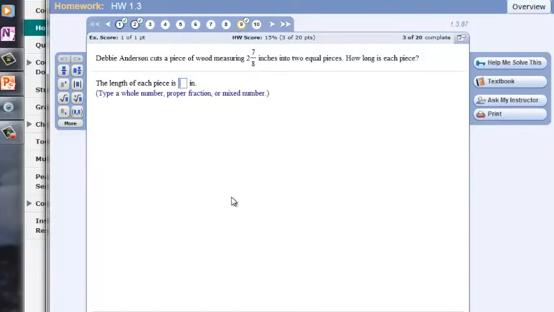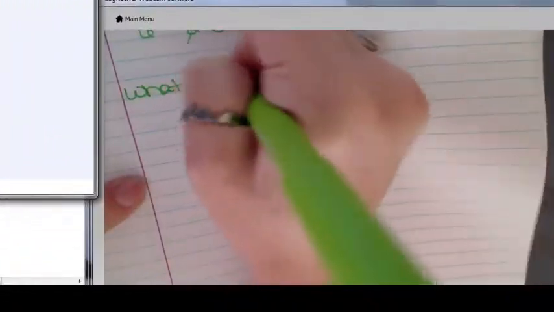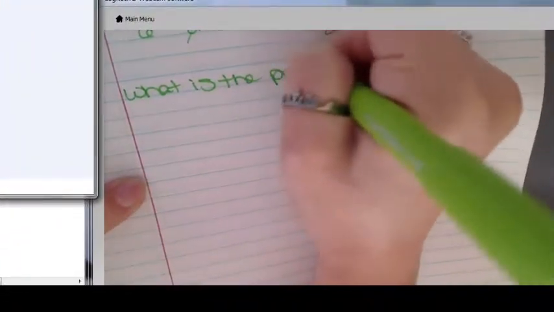Okay, one of them that I wanted to do with you was a word problem. So there is a word problem on this homework, and we have Debbie Anderson cuts a piece of wood measuring 2 7/8 inches into 2 equal pieces. How long is each piece? Okay, so on this you have to think a little bit on what the problem is asking. So what is the problem asking?